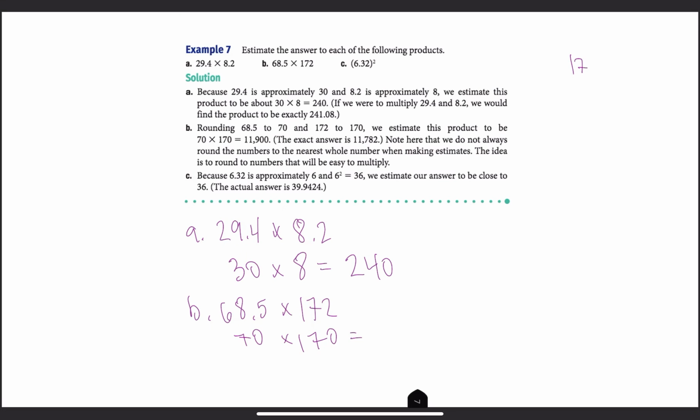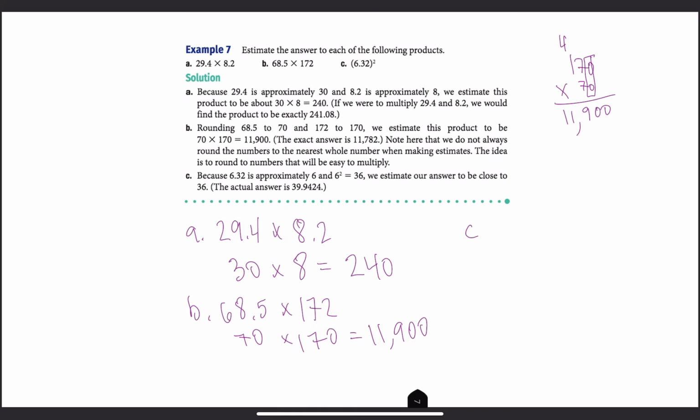So 170 times 70. The good news is here these zeros aren't going to really change anything. So what I can do is I can just multiply the 7 times 17, and I can add a couple zeros at the end. So 7 times 7 is 49. 7 times 1 is 7, and 4 is 11. Add a couple of zeros, and there's my estimate.